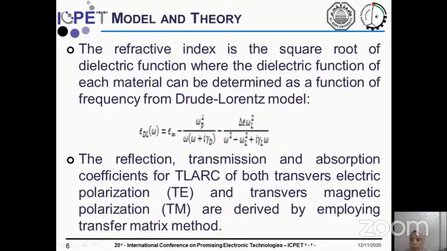By using the combination of a Drude and Lorentz model, we determine the dielectric function of each material as a function of frequency. The reflection, transmission, and absorption coefficient for triple layer anti-reflection coating for both TE and TM polarization are derived by transfer matrix method.